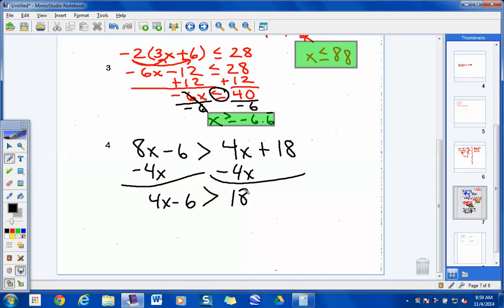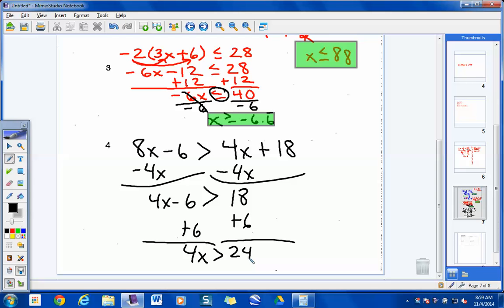We're adding how much at this point? Down to 6. You're going to have 4x greater than 24 here. Okay, so my final step.